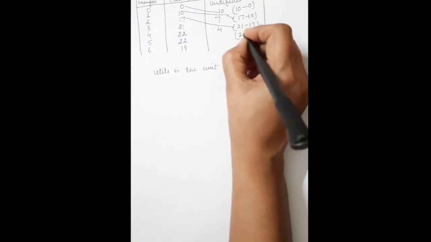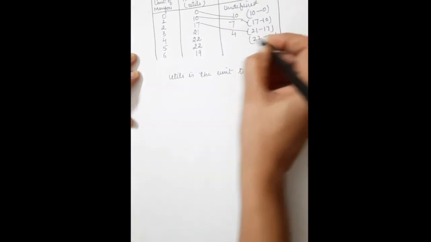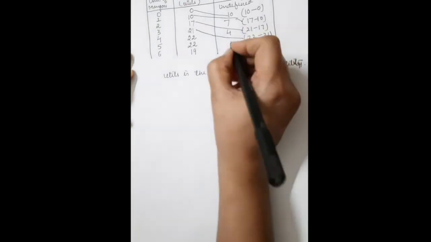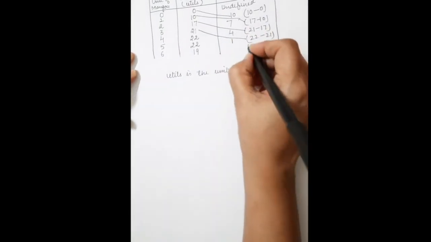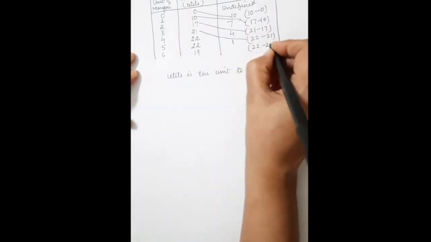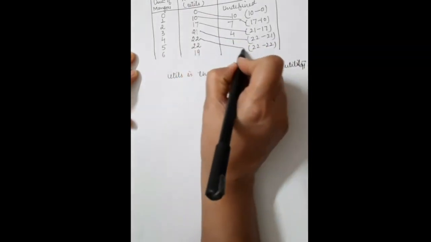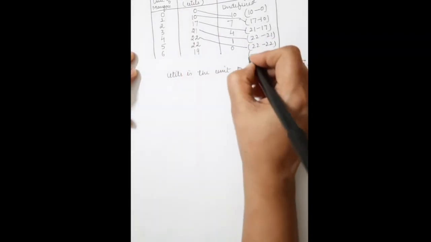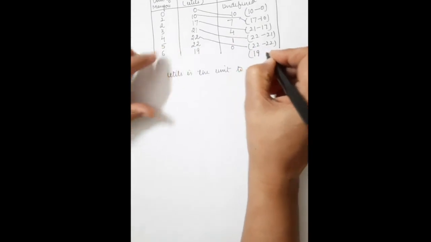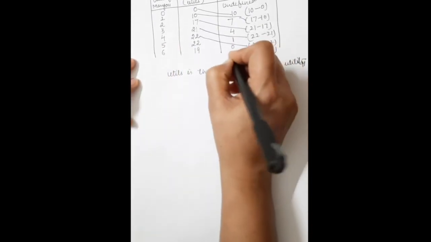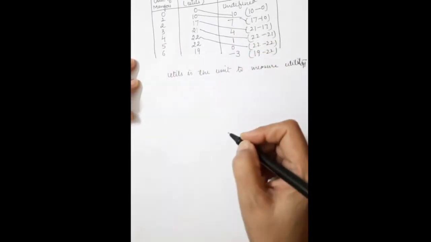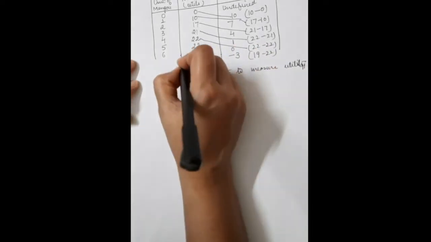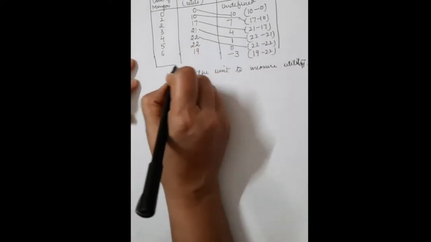Then 22 minus 21, marginal satisfaction is equal to 1. 22 minus 22, marginal satisfaction is equal to 0. And then 19 minus 22, marginal is minus 3. This is how you derive the marginal satisfaction numerically, in a table.